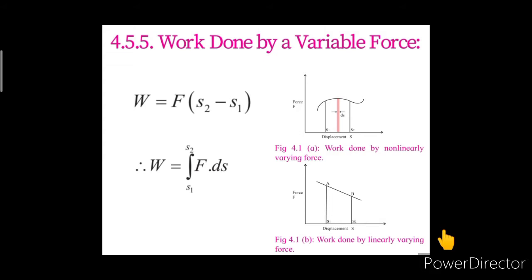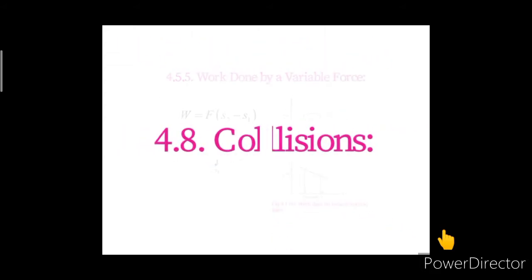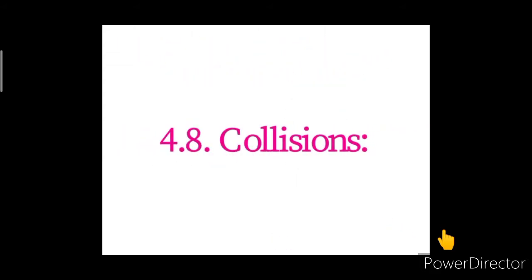The next topic we have is collisions. During collisions, a number of objects come together, interact with each other, that means exert forces on each other, and scatter in different directions.